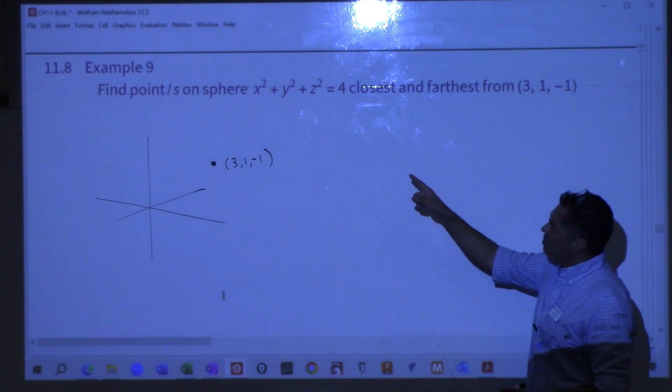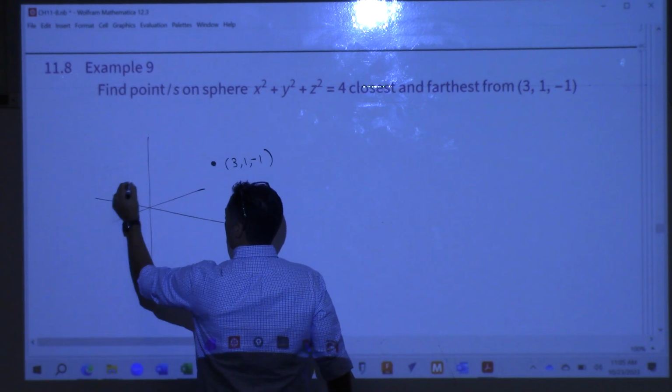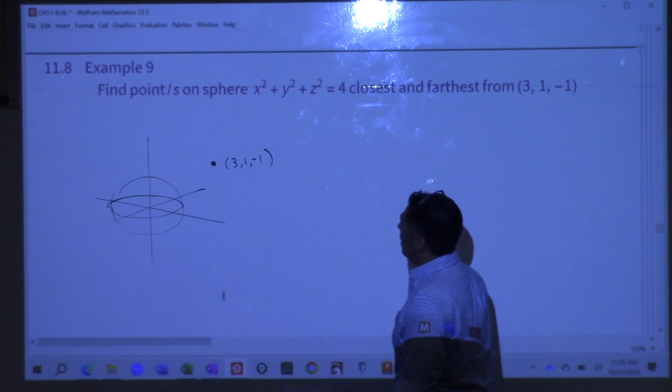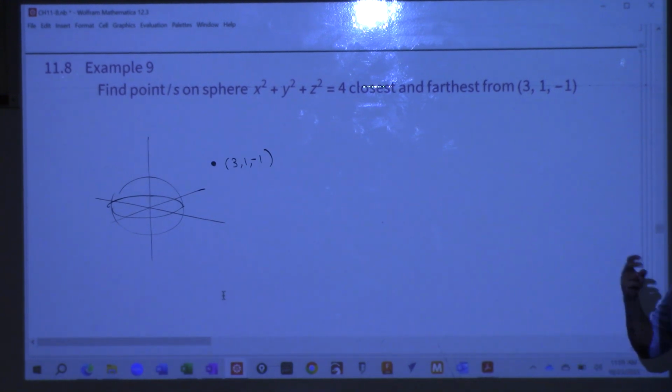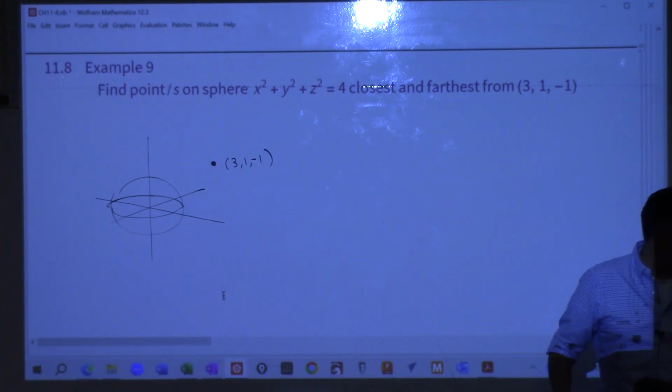That sphere is actually centered at the origin, isn't it? So we've got this sphere here at the origin, and that sphere has a radius of 2, right? And we're trying to find the points on the sphere that are closest to that point and furthest away. So can you all see it?